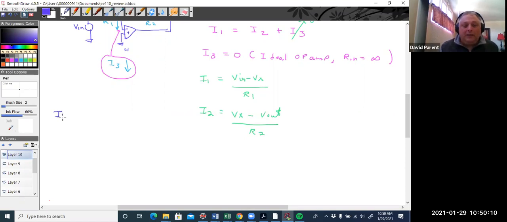Just going to scroll a little more down and pick a darker color, right? So now I put it back into my equation, summing the currents. I'm going to expand it.